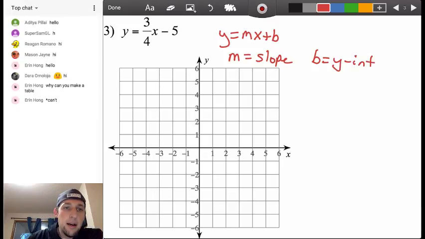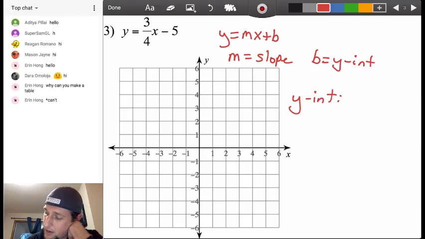So the idea is I am going to label my slope and my y-intercept. In this particular one, my y-intercept is -5 and my slope is 3/4.